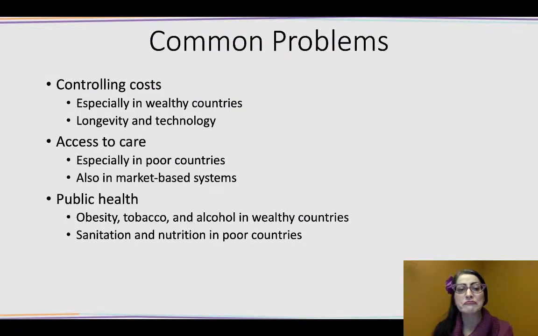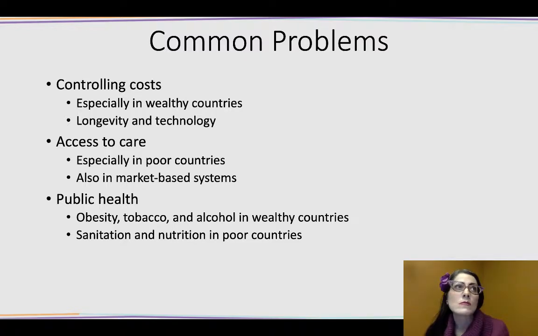So common problems: you can have problems controlling costs, especially in wealthy countries, access to care, especially in poor countries, also in market-based systems.